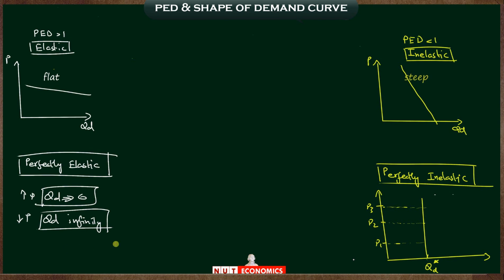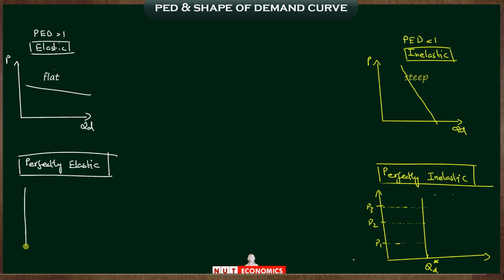It responds a lot. In terms of the shape that the demand curve will take in case of perfect elasticity, just remember that an elastic demand curve is very flat. A perfectly elastic demand curve is totally flat. It's just a straight horizontal line. That is, the demand curve exists only at some price P star.